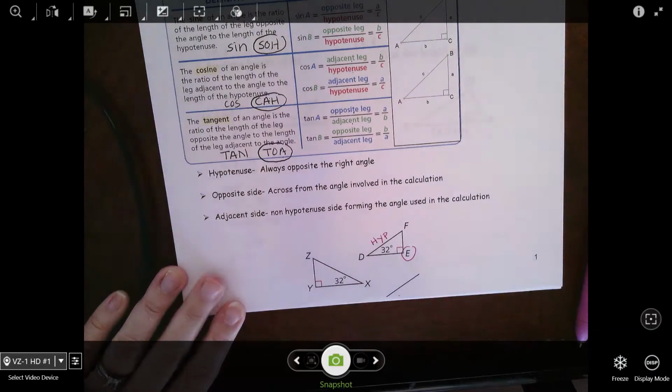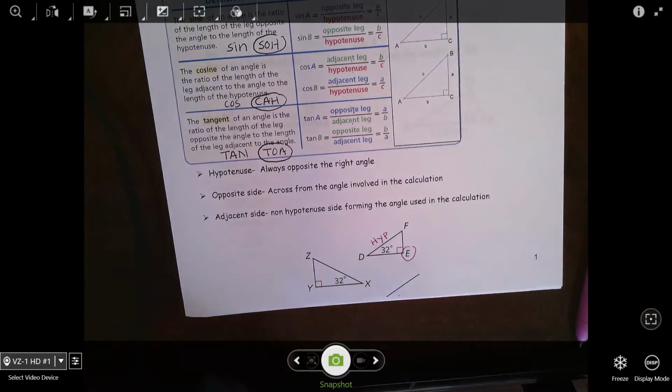Now, which side is my opposite and which side is my adjacent depends on which angle I'm talking about. Your opposite side is the one that's across from the angle involved in the calculation. Your adjacent side is the non-hypotenuse side forming the angle used in the calculation. So it's kind of the one left over or the one used in the calculation.